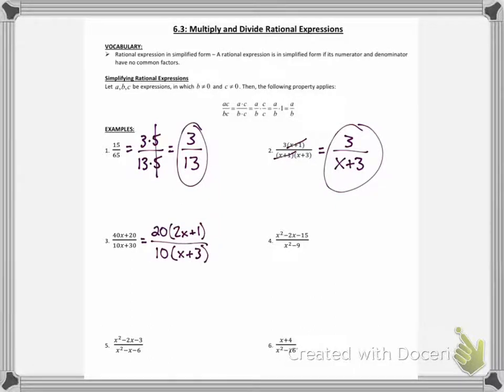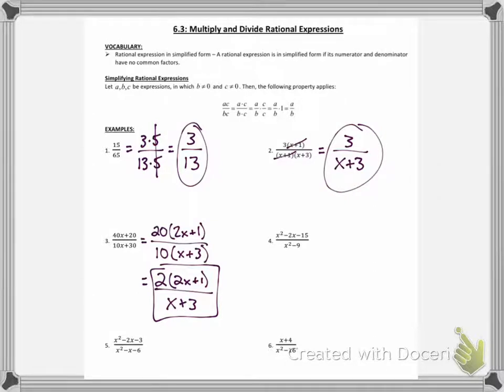Now, it doesn't look like a whole lot's going to cancel here. The 2x plus 1 certainly won't cancel with the x plus 3. But we can reduce the numbers out in front. 20 over 10, we can simplify into 2 over 1, or just 2. So I can rewrite this as 2 times 2x plus 1 over x plus 3. And that would be my simplified answer.